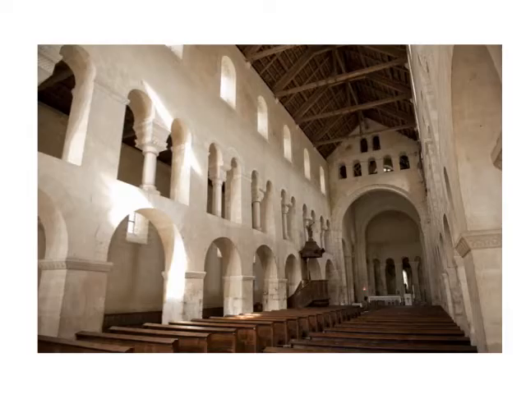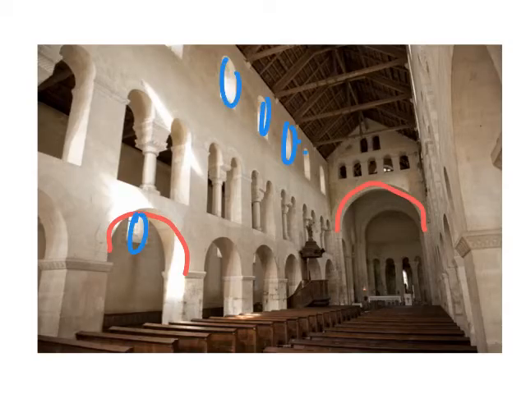So here's an example of a typical Romanesque church. You can see all the Roman arches here. Notice the really tiny windows all over the place, very small and very dark.